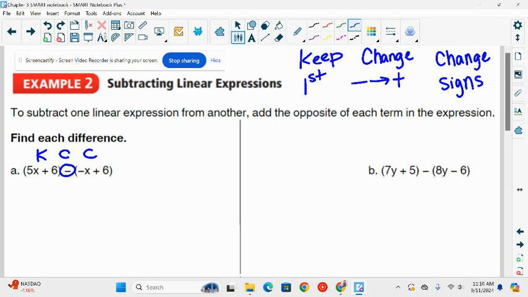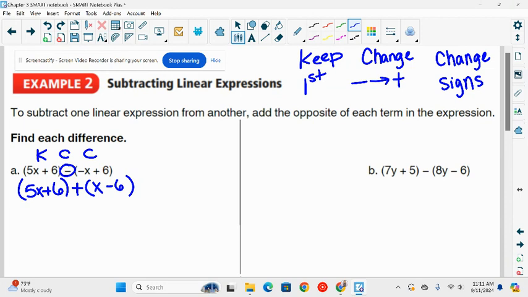We're going to keep the first, change subtraction to addition, and then we're going to change what? The sign. So instead of negative x, it's going to be positive x, and instead of plus 6, it's going to be negative 6. You've got to change everything in that parentheses.